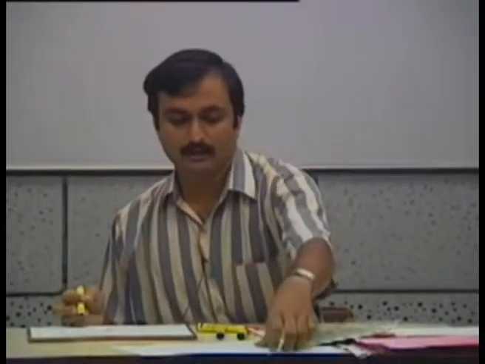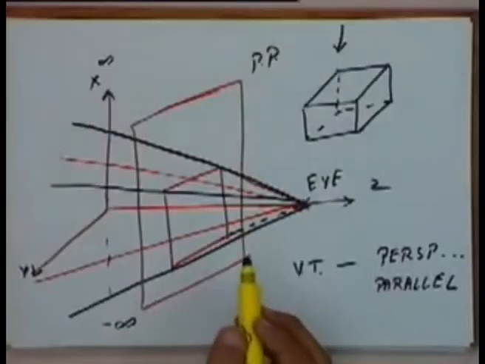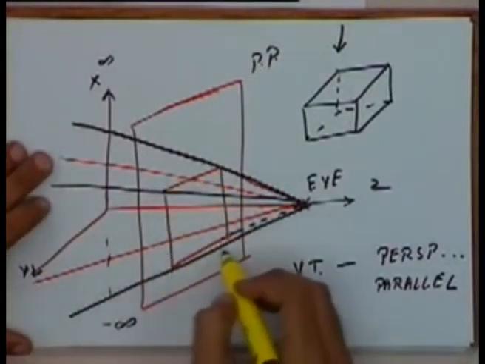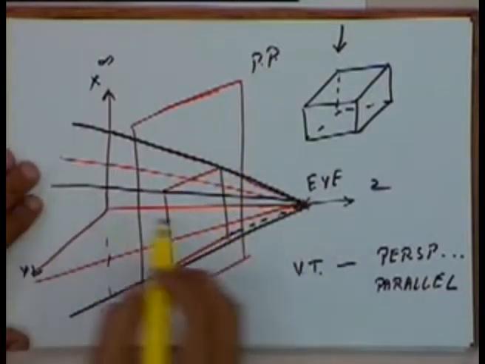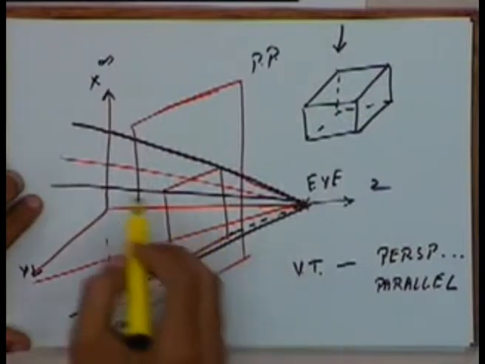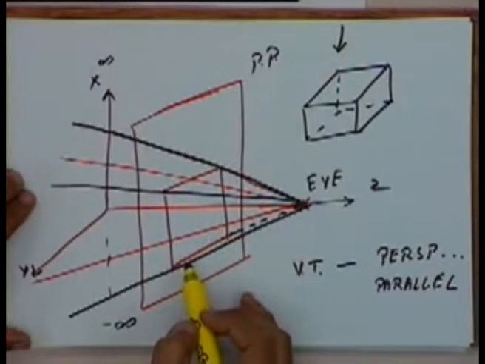While when we are talking of an algorithm working in screen coordinates, it will take a finite portion on the projecting plane, get a three-dimensional pyramid, and it will only look at objects which are inside this pyramid.